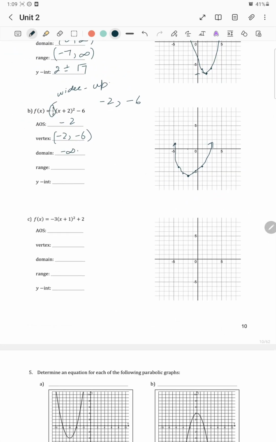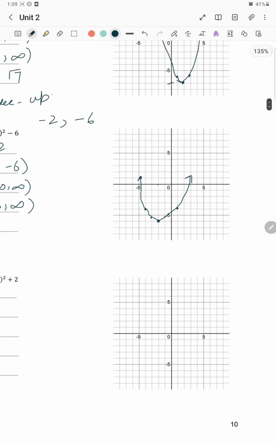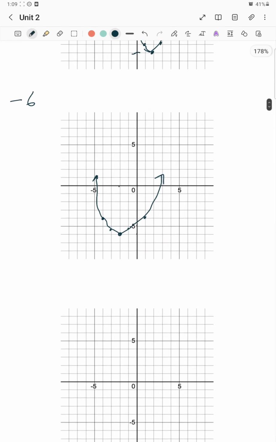Domain is minus infinity to plus infinity. Range is minus 6 to positive infinity. Let's find the intercept over here. 0 is equal to 1 by 2 (x plus 2) whole squared minus 6. 6 is equal to 1 by 2 (x plus 2) whole squared. 12 is equal to (x plus 2) whole squared.